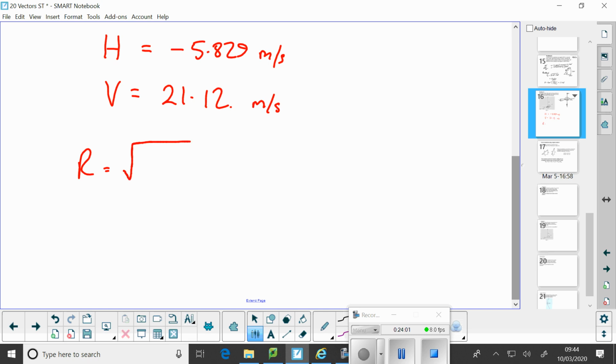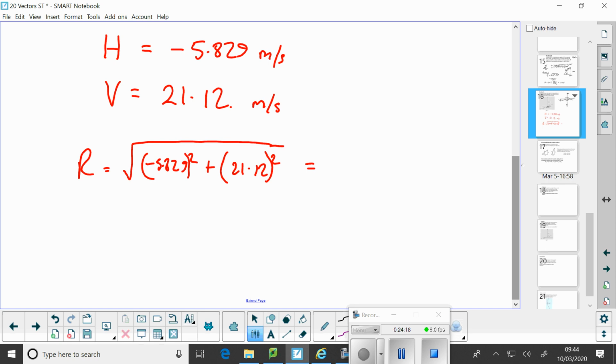So your resultant is equal to the square root of these two numbers squared and added together.